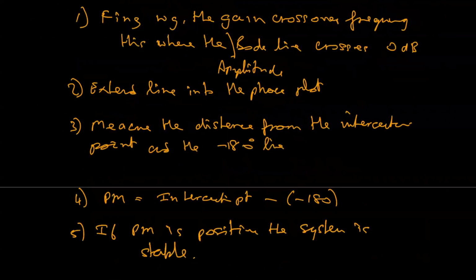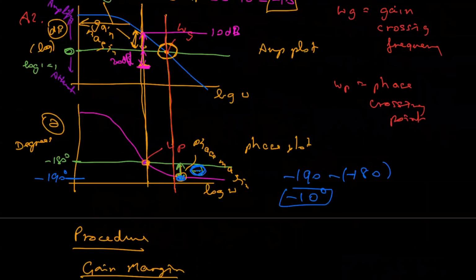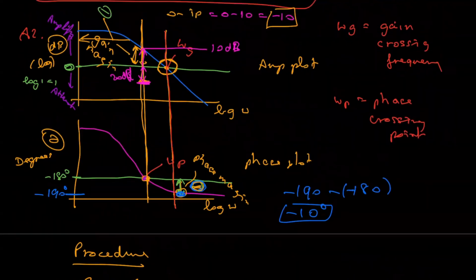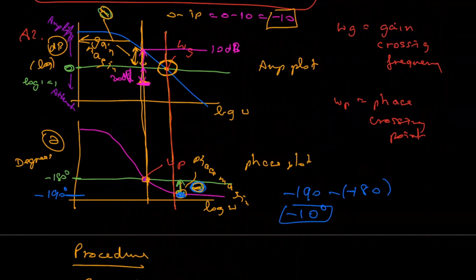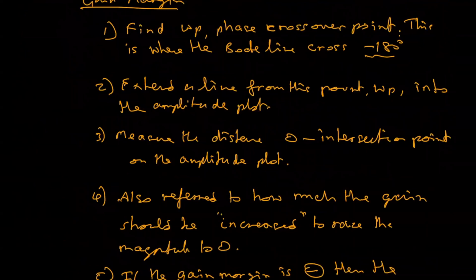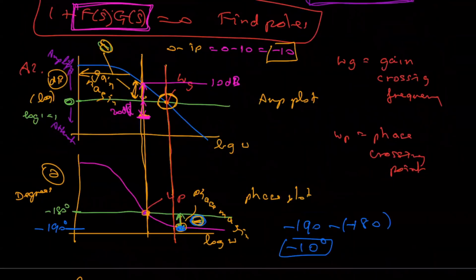In this case, it was negative. Negative makes it unstable, which matches the fact that this was negative up here, which definitely told us it was unstable. So they will match each other. They won't give you opposite answers. They're both claiming that this particular system I drew was unstable.